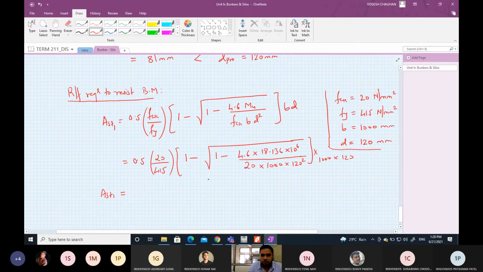So AST1 will be equal to, someone can calculate this value. 0.5 into 20 by 415 whole multiplied by 1 minus square root of 1 minus 4.6 by 18.136 into 10 to the power 6 divided by 20 into 1000 into 120 square. This whole multiplied by 1000 into 120.